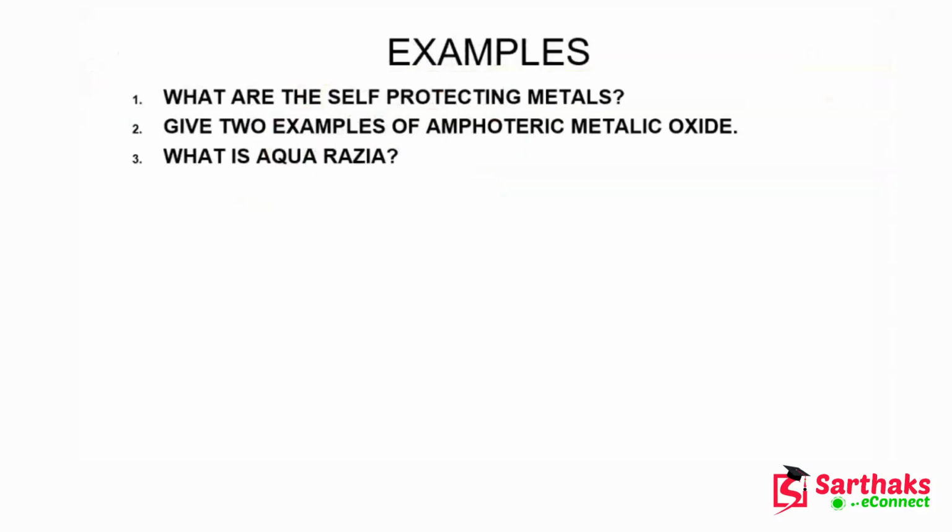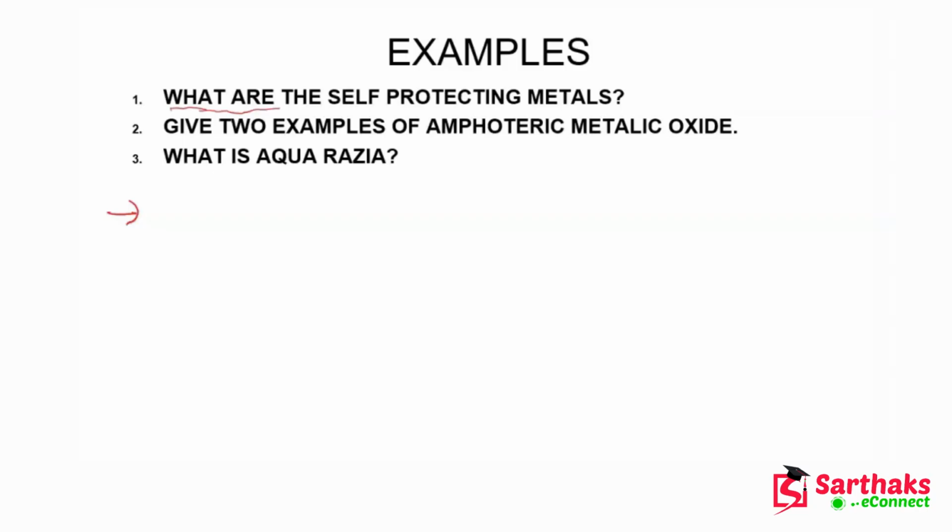Okay, guys, so we are here, and here we will talk about some examples. You can see the first question: what are the self-protecting metals? As I told you, self-protecting metals are the metals which prevent further oxidation.